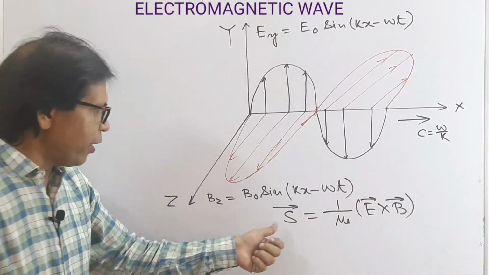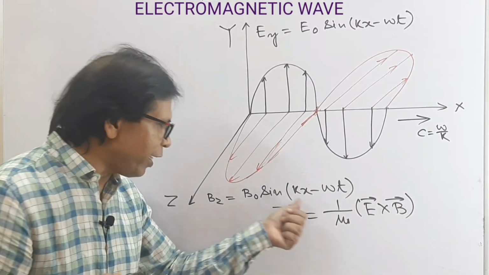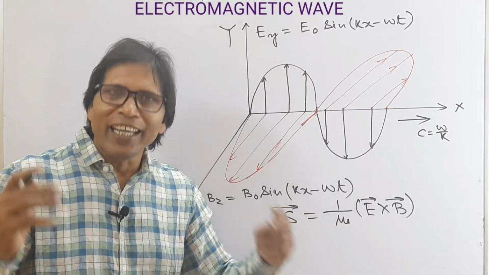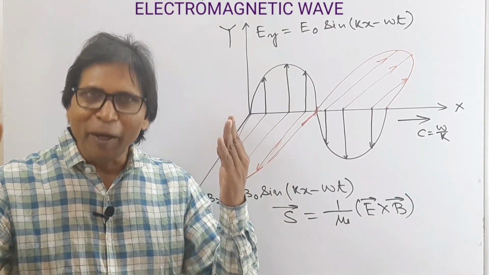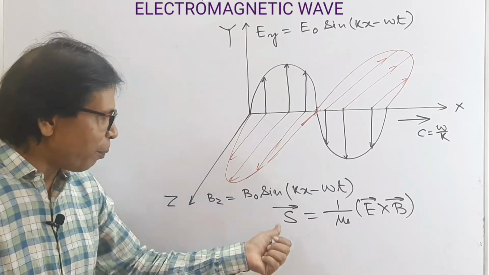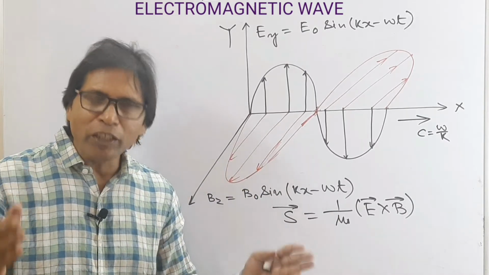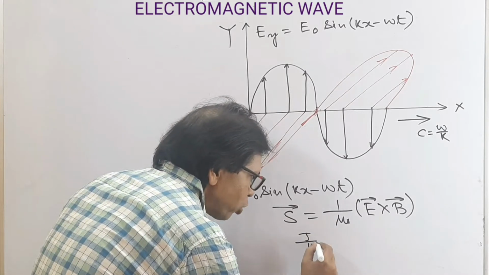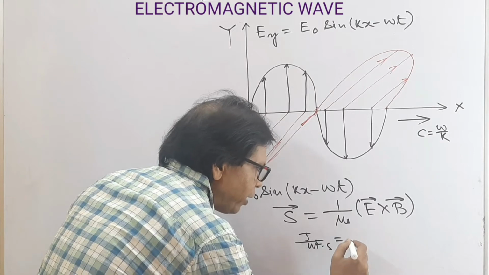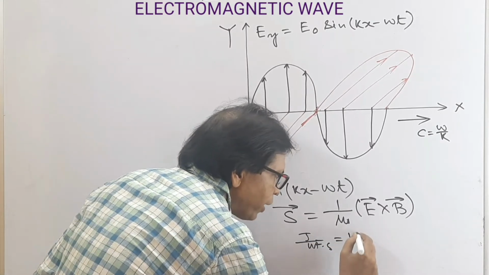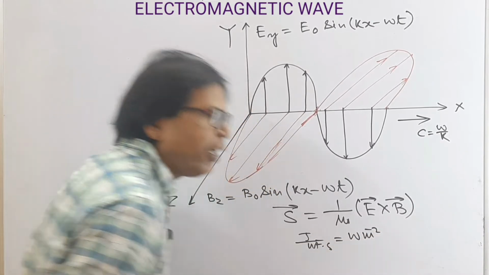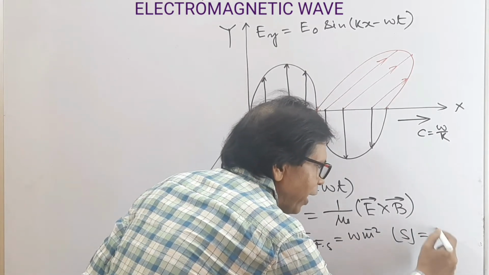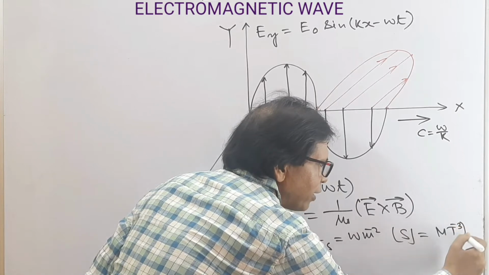That is, the direction of energy transfer is perpendicular to the electric field vector and magnetic field vector. The unit of the Poynting vector is joule per meter square second, that is, watt per meter square. Its dimension is, look at this, the dimension of S is M T to the power minus 3.